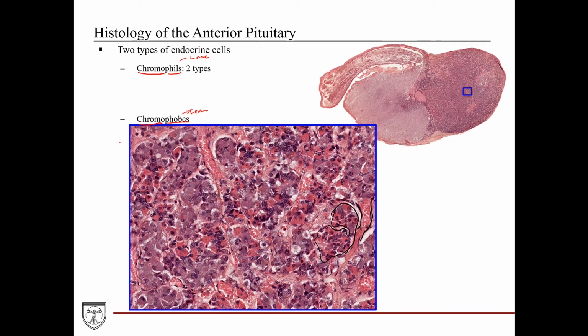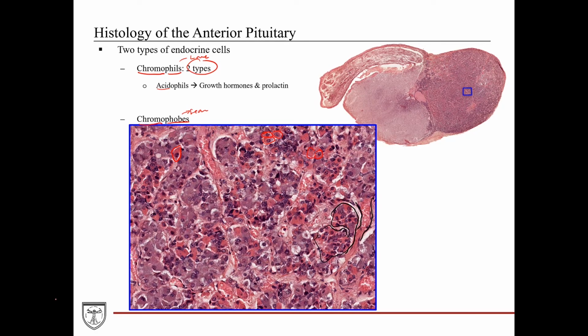Of the chromophils, there are 2 subtypes of cells. One is the acidophils, and as the name suggests, these are acid-loving cells or acidic dye-loving cells. So the acidophils stain pink to red in their cytoplasm, and we can see in this field of cells that there are numerous pink or eosinophilic staining cells all strewn about.